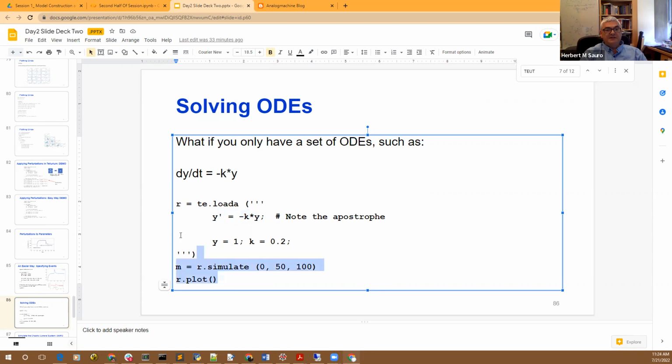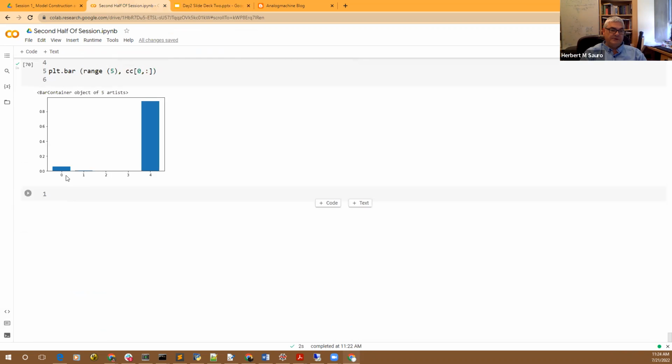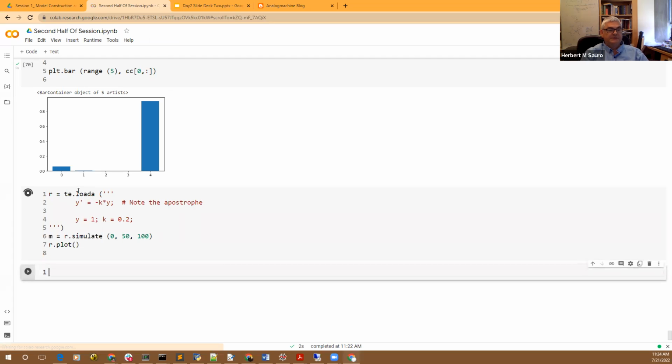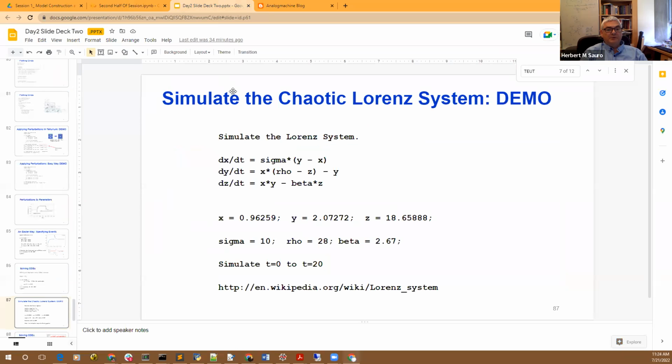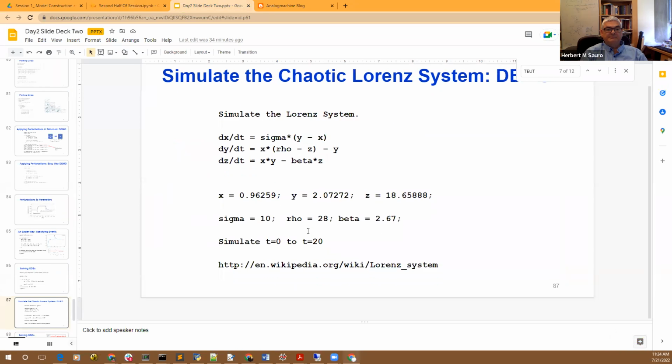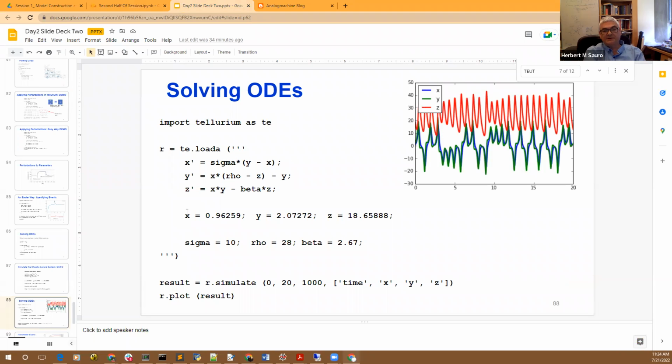If I take this and show you, that's the exponential decay. The more fun one is the Lorenz attractor. I can write in all the differential equations for the Lorenz attractor, which is a chaotic system, and then run the simulation and get the Lorenz attractor output.